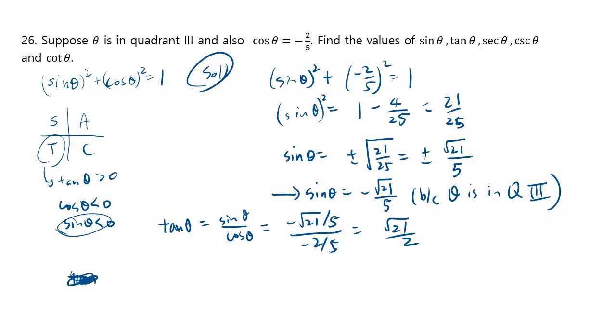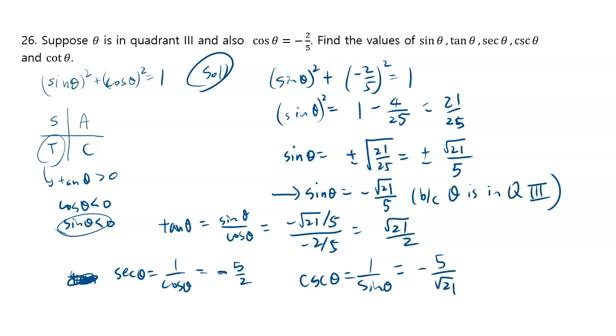What we need is secant. Okay, so what's secant of theta? That's 1 over cosine theta. So you take the reciprocal of this, you flip the fraction, you get negative 5 over 2. Cosecant theta is 1 over sine, so you have to take the reciprocal of this, which is negative 5 over square root of 21.